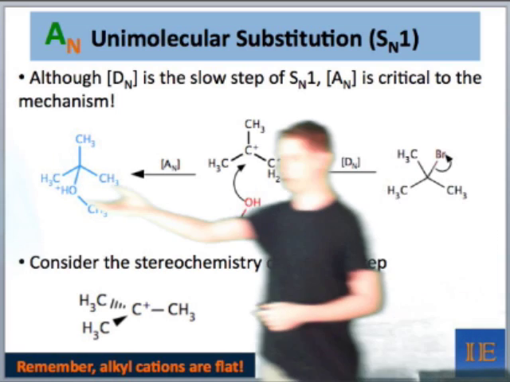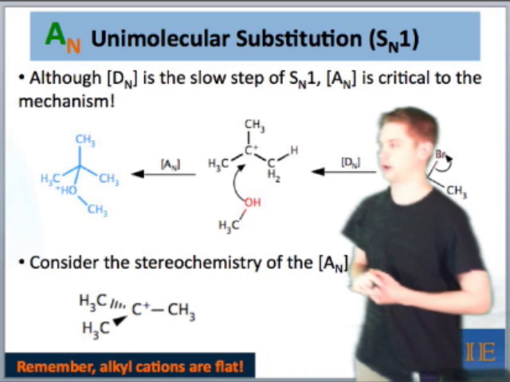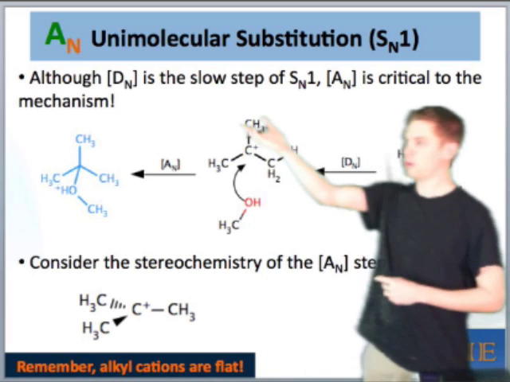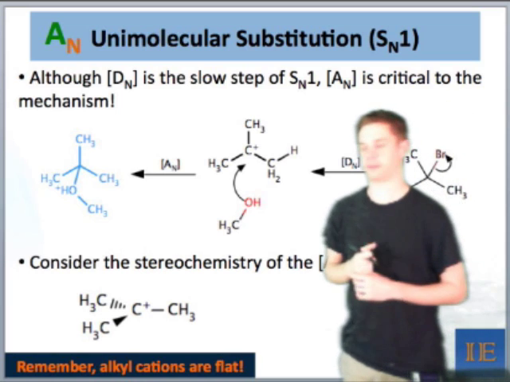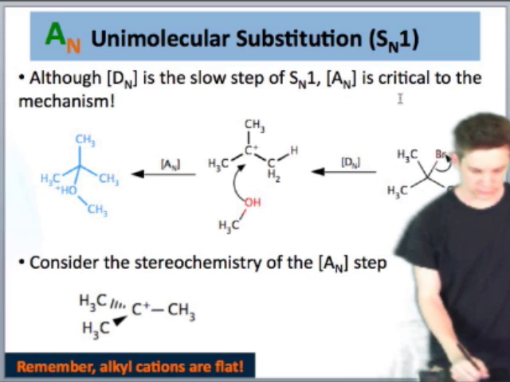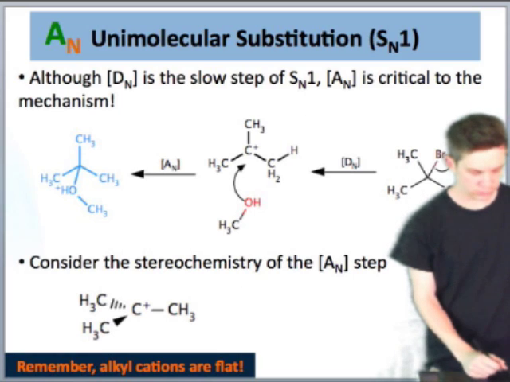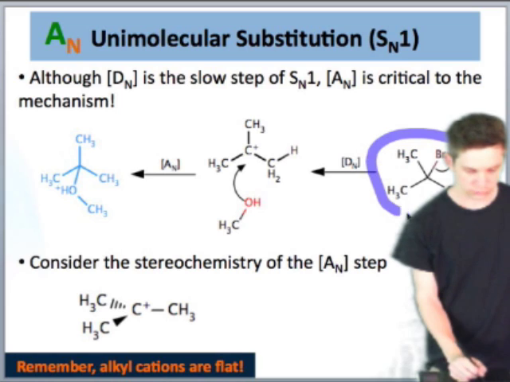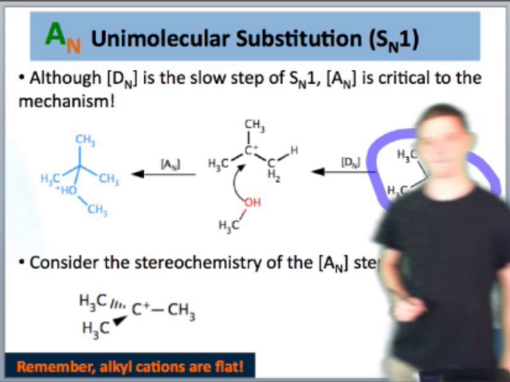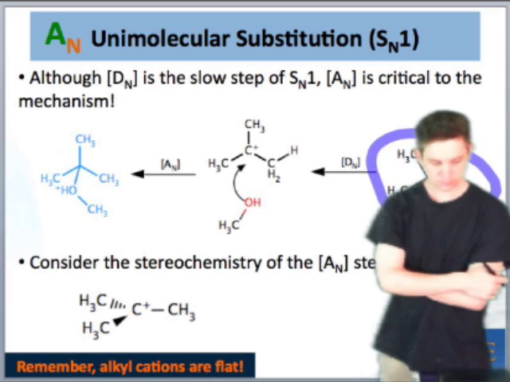Usually the proton here is lost to produce the final product, the final neutral product. Even though DN is the slow step of SN1, remember we know that because SN1 is a unimolecular process, right? So the slow step involves only that first molecule of starting material.